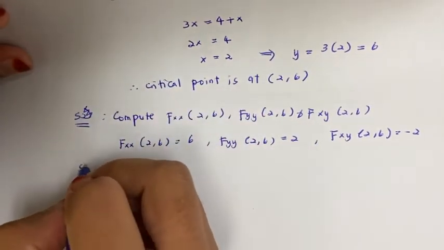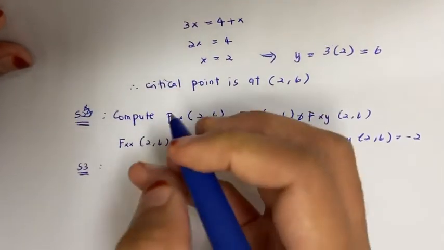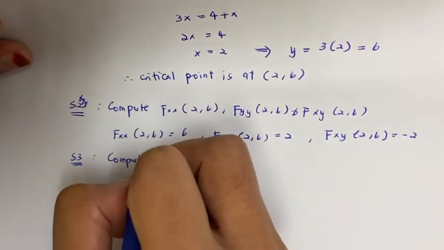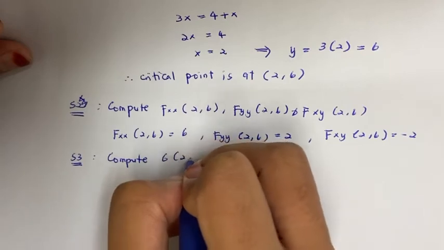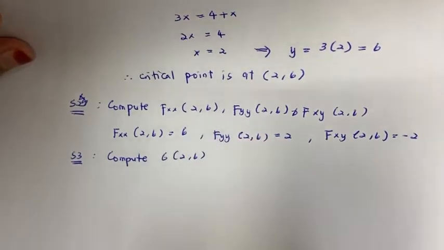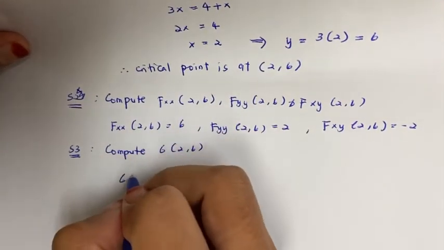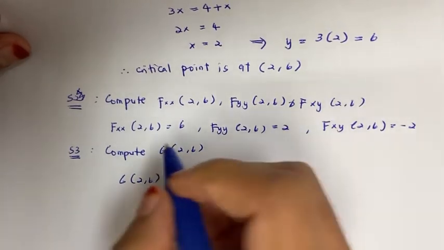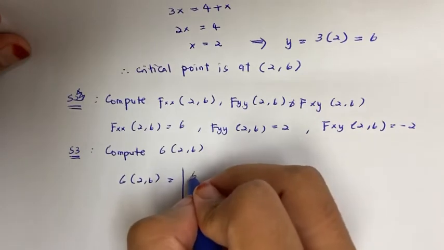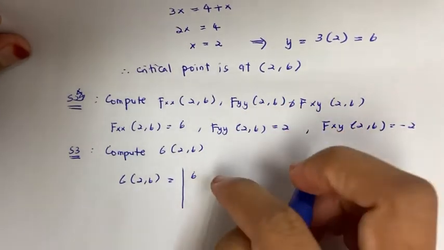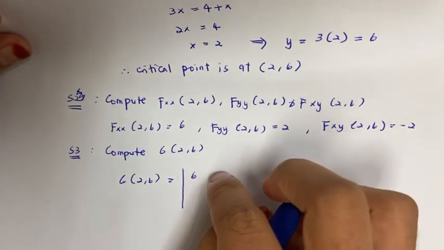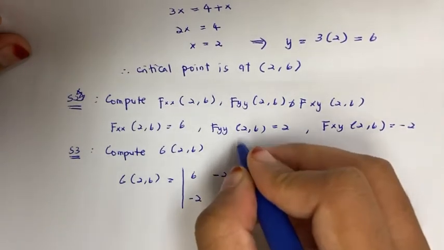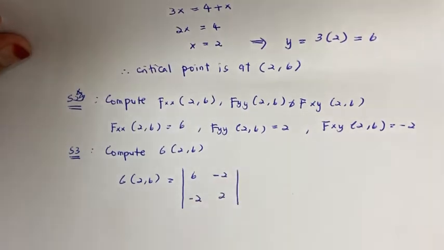Next, moving to the third step. For the third step, you need to find G at 2, 6. The formula for G at 2, 6 is equal to the determinant of fxx, fxy, fxy, fyy, which is 6, negative 2, negative 2, 2.